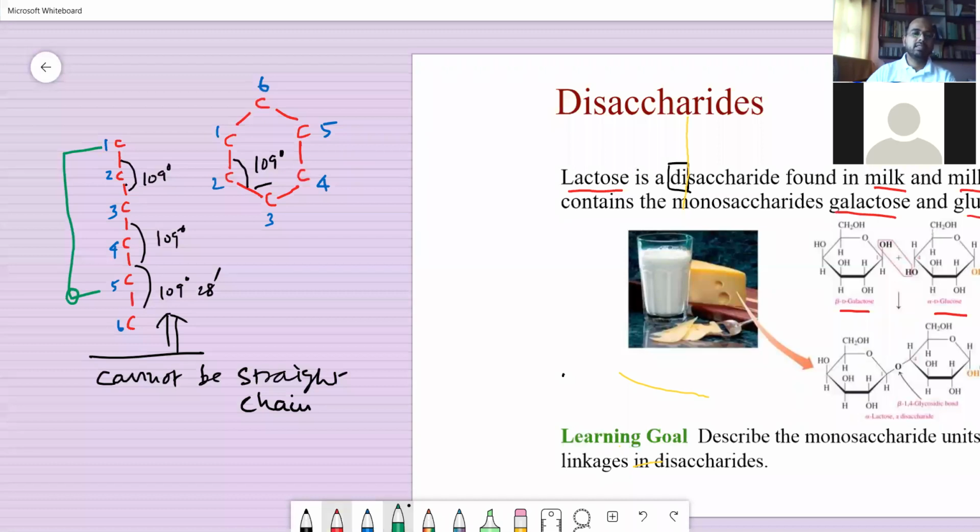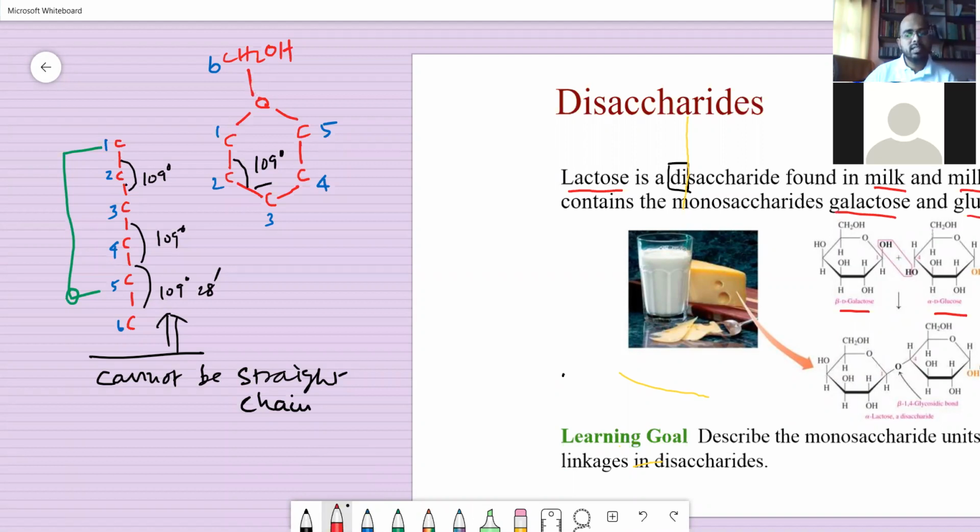So I'm just converting this into an oxygen. The sixth carbon atom, I'm just putting it like CH2OH here, the last one, and I am removing the sixth carbon atom from the ring. Clear? So this is how 1 and 5 are linked.